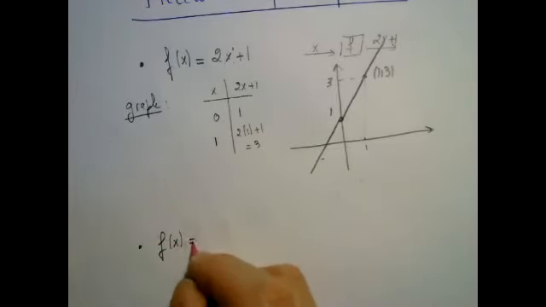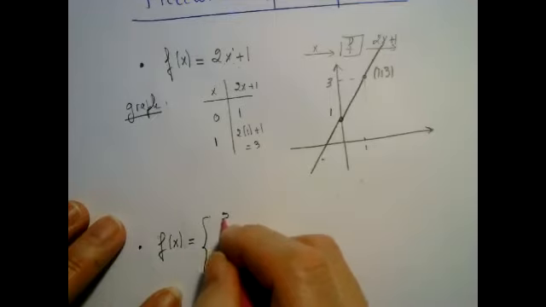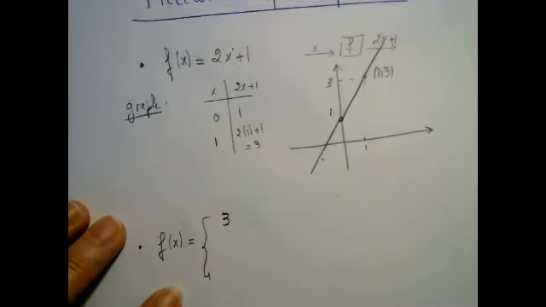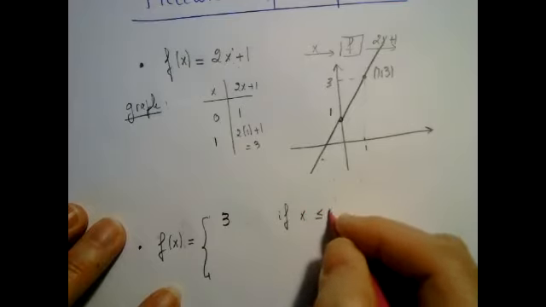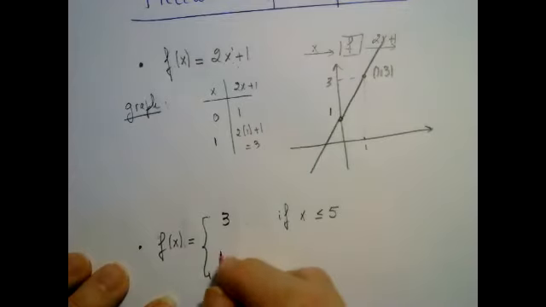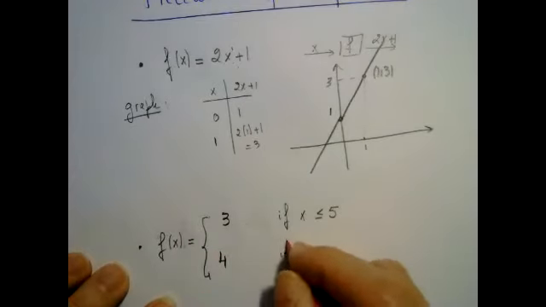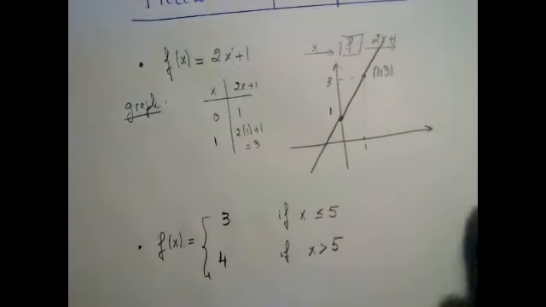Watch how I'm going to define my function. I'm going to put a big bracket here, and I'm going to tell you that f of x is 3 if x is less than or equal to 5, and 4 if x is strictly bigger than 5.